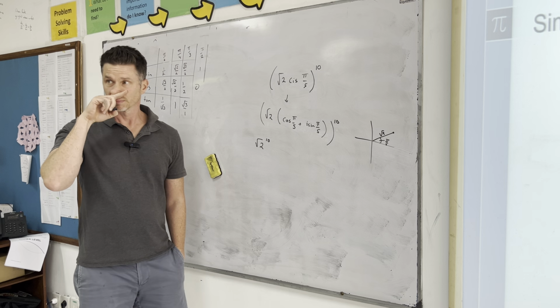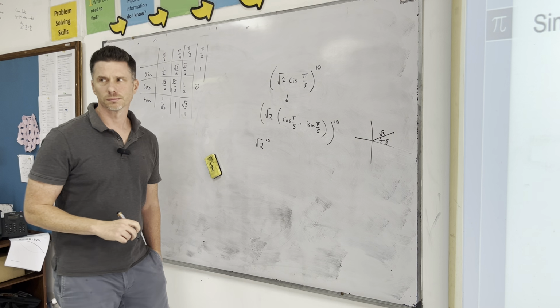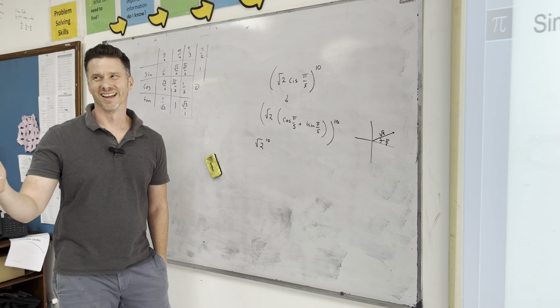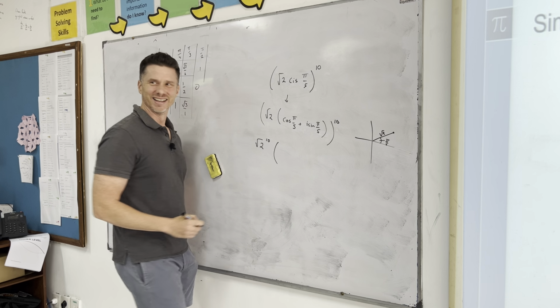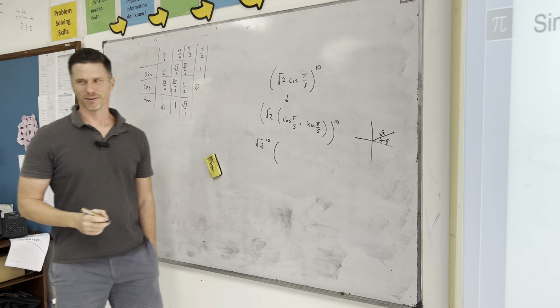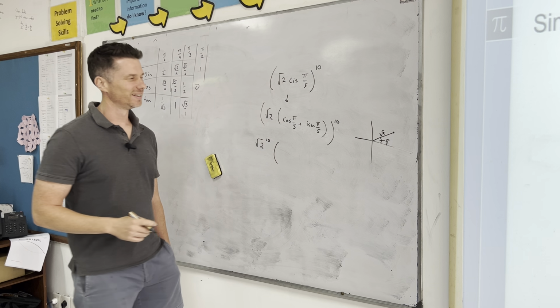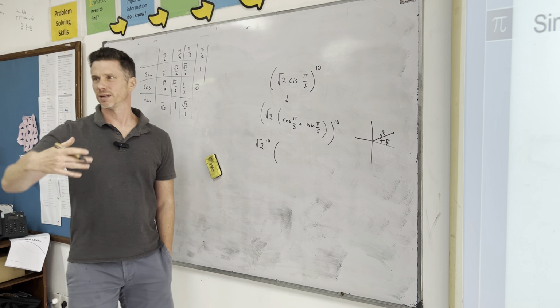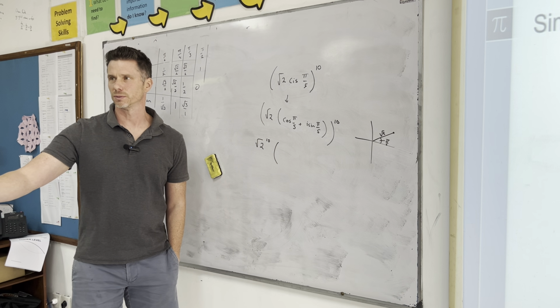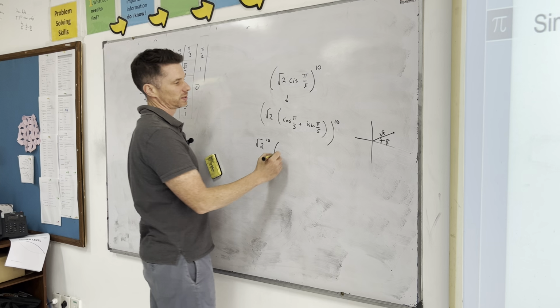Well, it's actually 2 to the power of 5, maybe. And what about a repeated addition? If we want to repeatedly add the same thing, what do we do? Multiplication, yes.